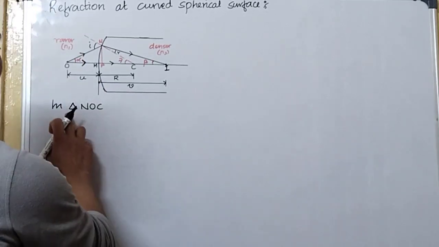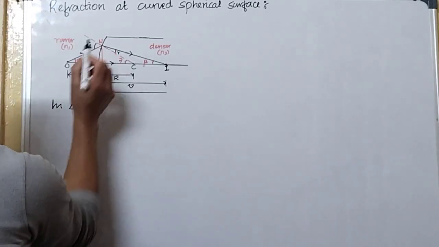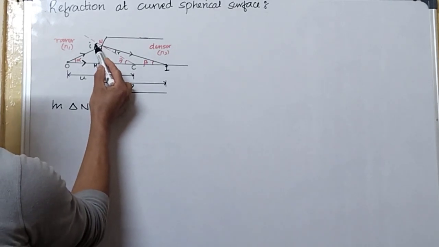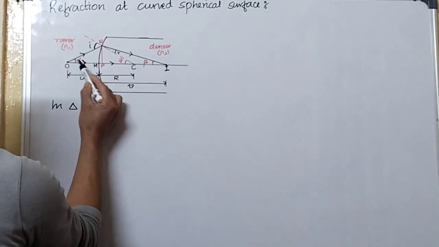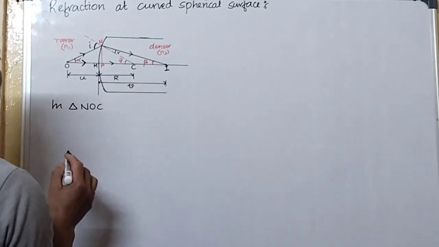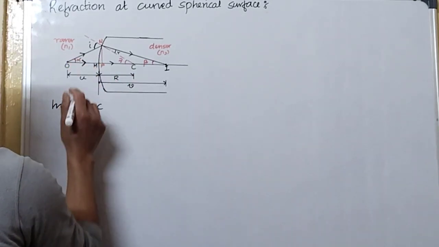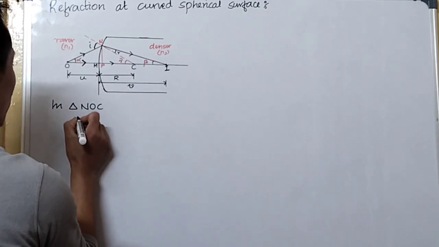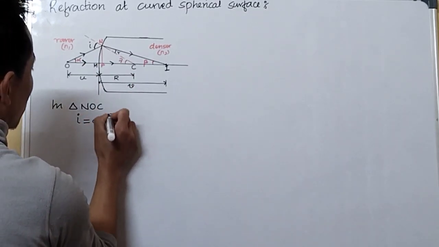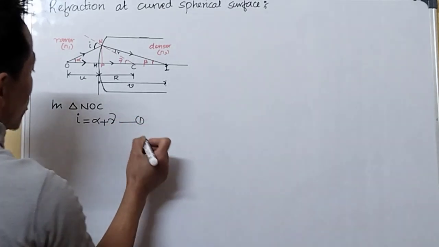In this triangle NOC, this angle I is the exterior angle. This angle is outside, and these two angles, alpha and gamma, are the interior opposite angles. So using the theorem, we can write I is equal to alpha plus gamma. Let this be equation number 1.